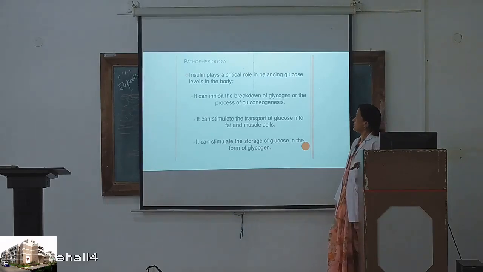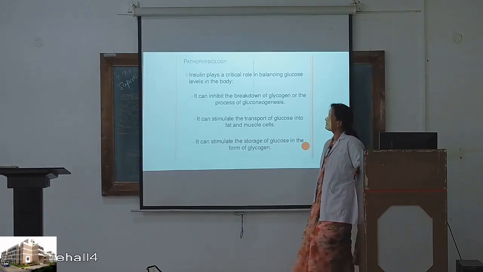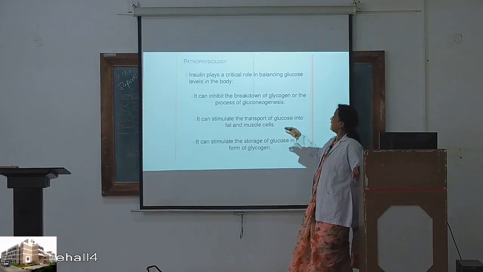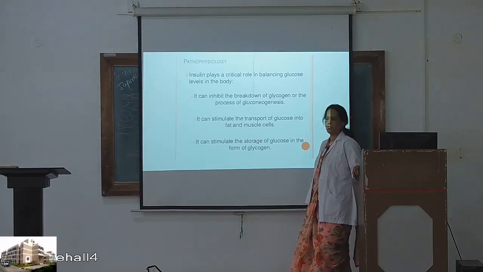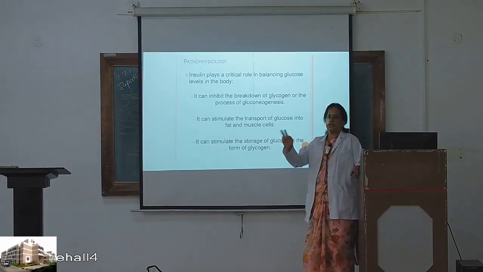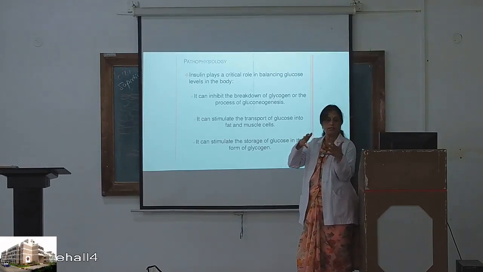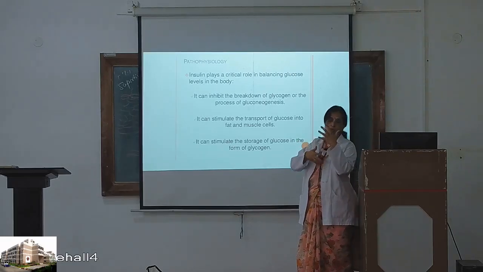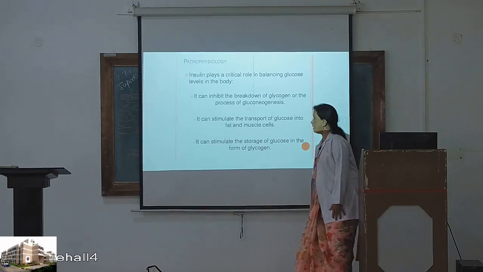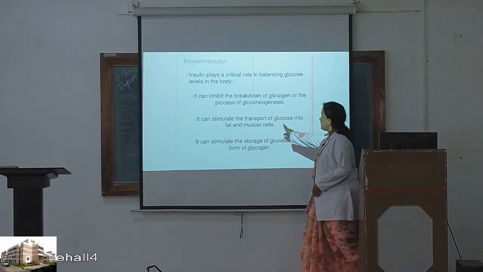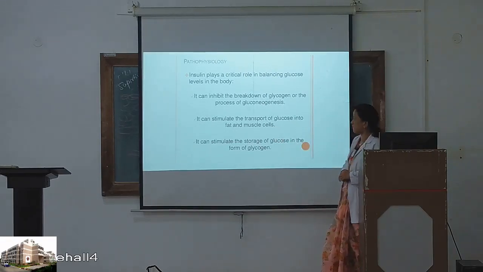Insulin plays a critical role in balancing glucose levels in the body. It can inhibit the breakdown of glycogen and the process of gluconeogenesis. Insulin production or action is proportional to the level of hyperglycemia. It can stimulate the transport of glucose into fat and muscle cells.